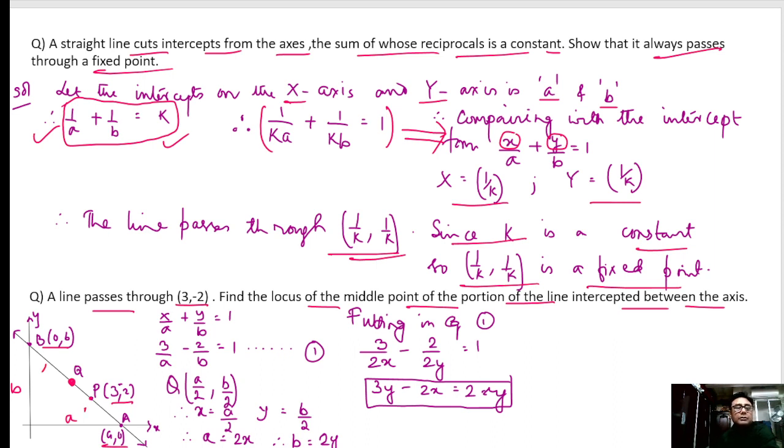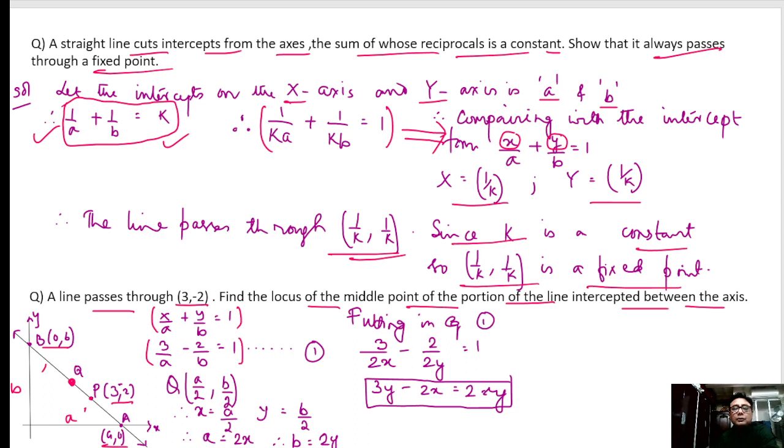1:1 ratio, midpoint. First of all, our intercept form equation is this. 3 and minus 2 lie on the line, so in place of x and y we put 3 and minus 2 and we get this. Okay, now what is the coordinate of Q?